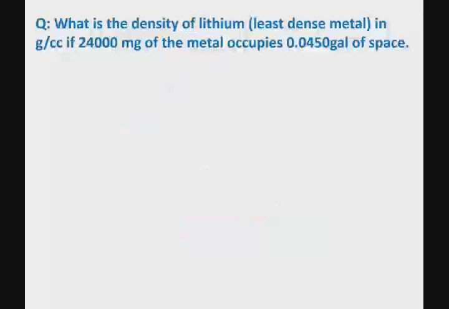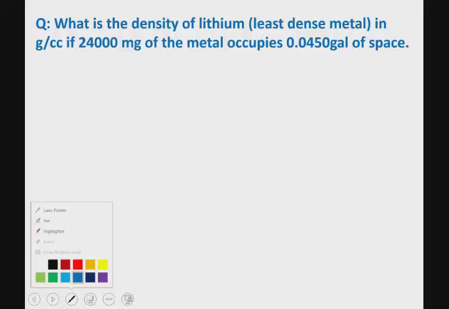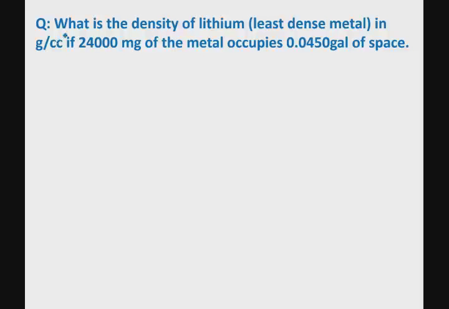Okay, let's try another example for calculating density. In this case, density of lithium given in units of grams per cc. Given that the mass of lithium is 24,000 milligrams and the volume is 0.0450 gallons. As we said before, density is equal to mass divided by volume.